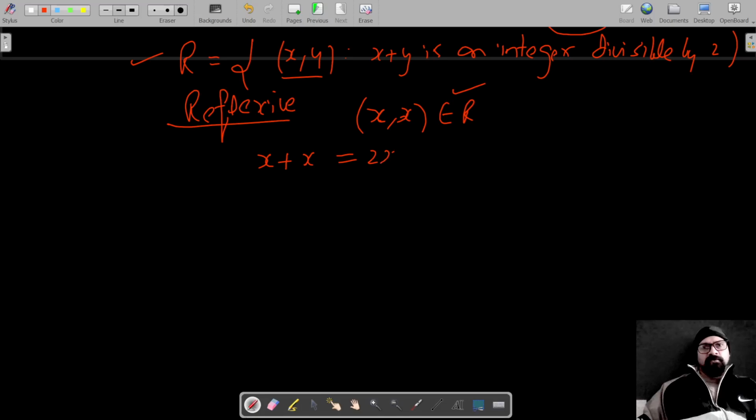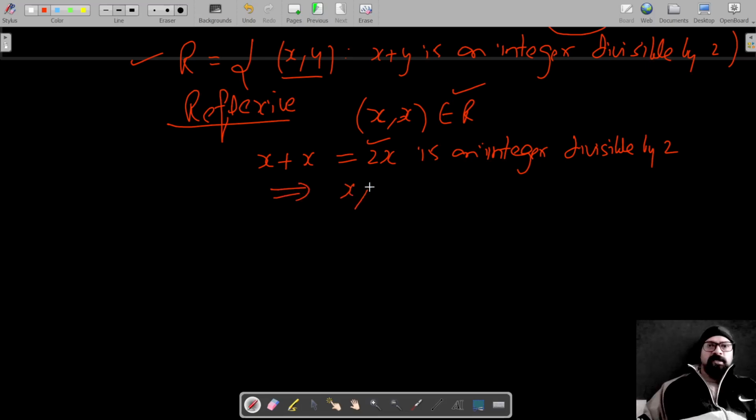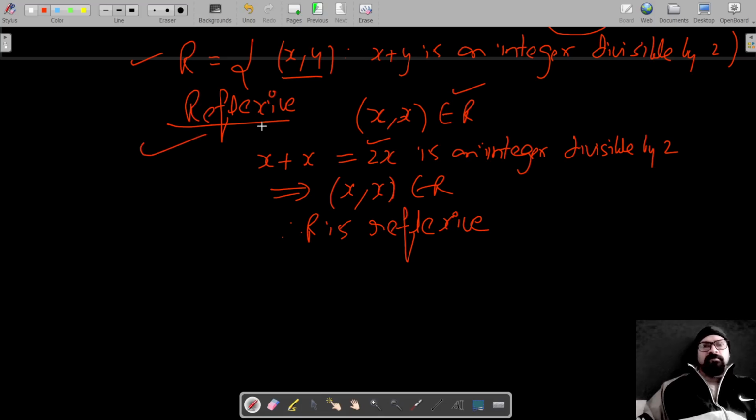So x plus x is 2x, which obviously is an integer divisible by 2, because it's multiplied by 2. So this implies that the ordered pair (x, x) belongs to relation R. Therefore, this relation is reflexive.